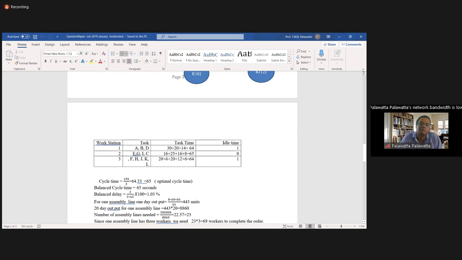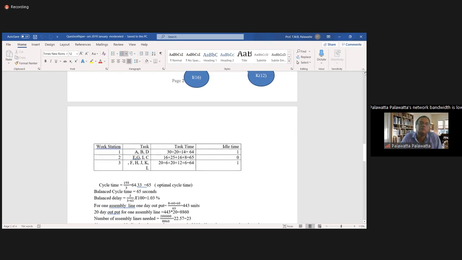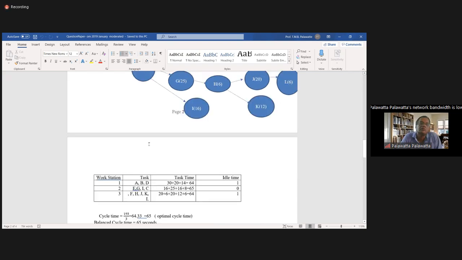So that is the answer for what is the cycle time. So this is cycle time.